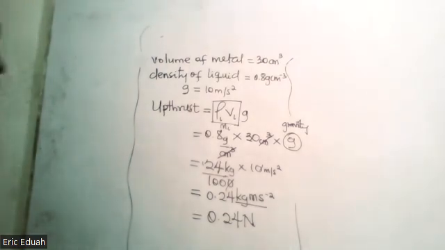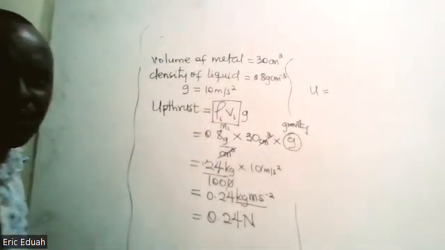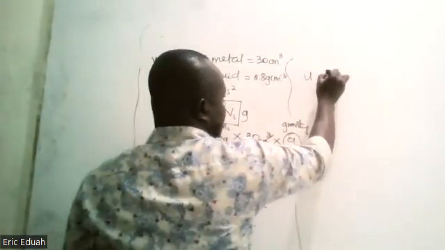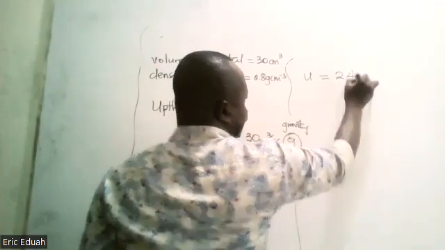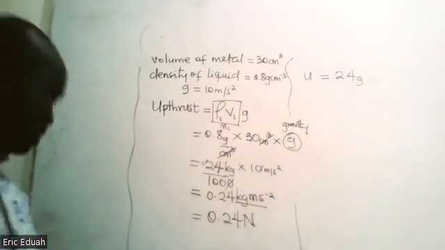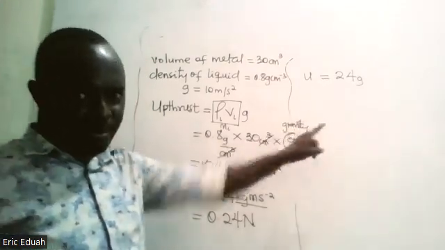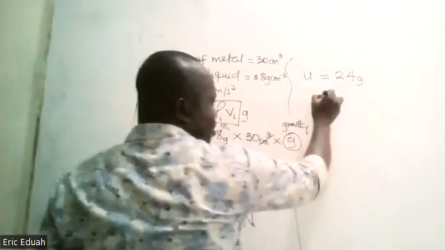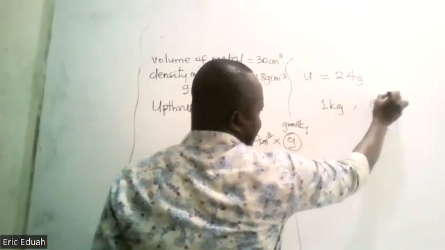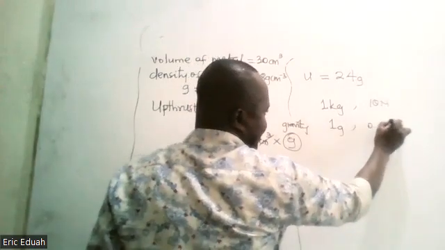The other way out is that I can maintain my mass in gram, but because I know for every 1 kilogram mass, it would weigh 10 Newton, if I have 1 gram mass, it would weigh 0.01 Newton.